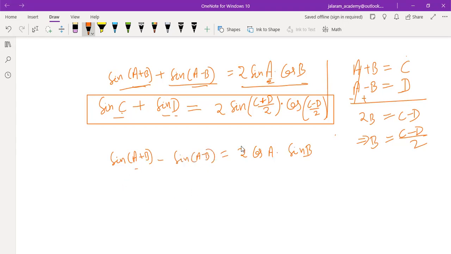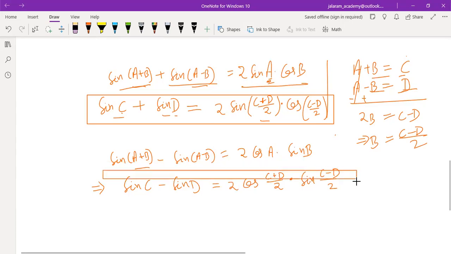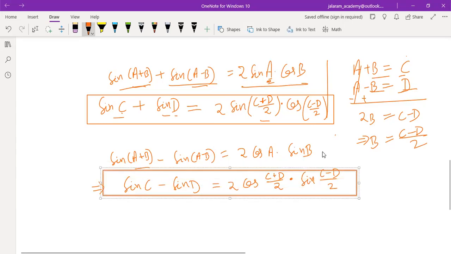So this time in place of A plus B we will use C, and in place of A minus B we will use D. So it becomes sin C minus sin D equals 2 cos, value of A is (C plus D)/2, we have earlier proved it, and value of B will become (C minus D)/2. So the second formula which is changing sum to product is sin C minus sin D equals 2 cos (C plus D)/2 into sin (C minus D)/2.